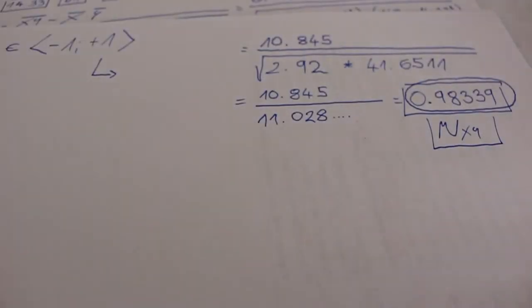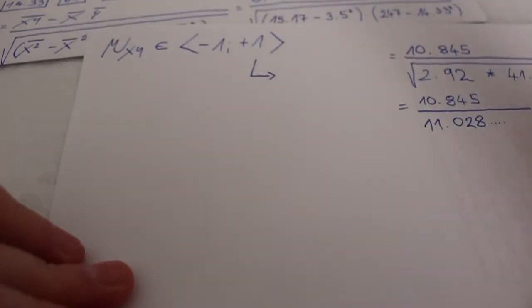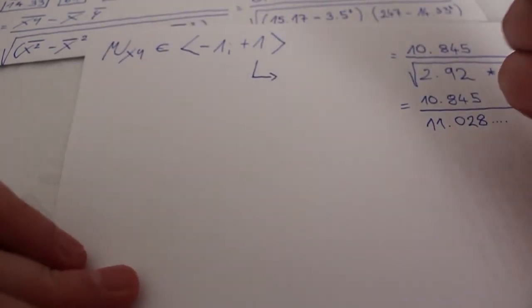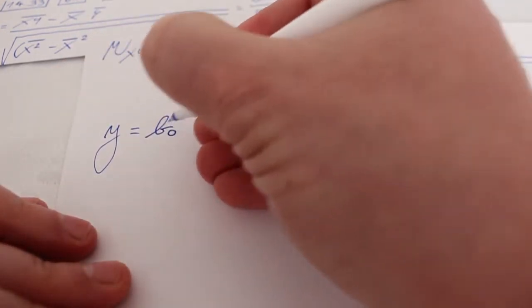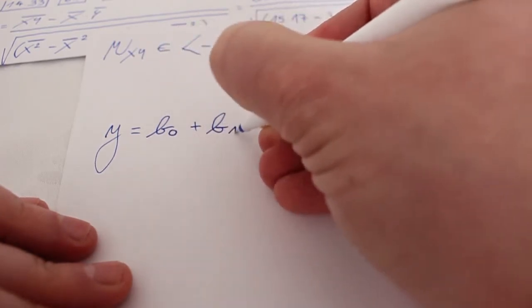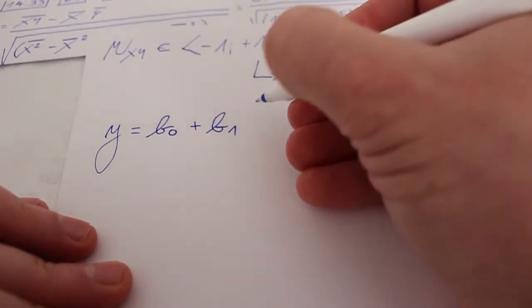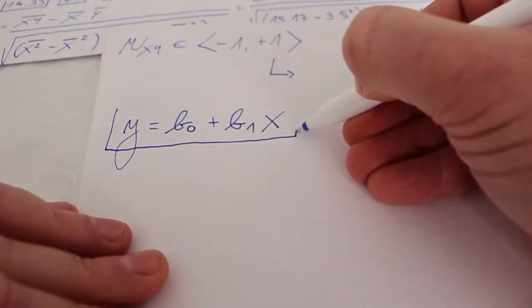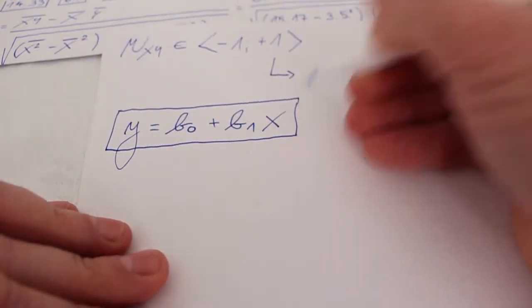Mr. Hellman told you that the classical regression line is y is equal to b0 plus b1x. This is the simple regression line.